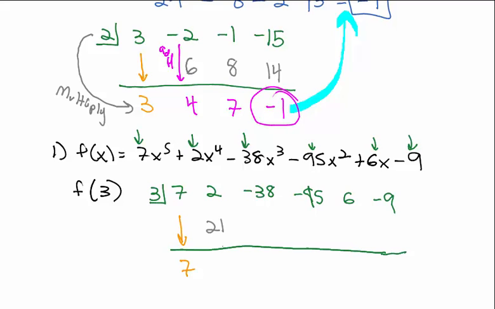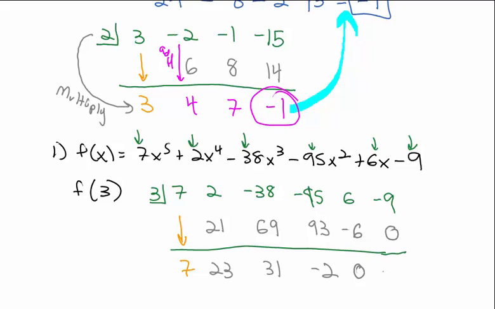7 times 3 is 21, plus 2 is 23. Multiplying by 3, 23 times 3 is 69. Minus 38 is 31. Times 3 is 93. Subtracting the 95, we get negative 2. Times 3 is negative 6. Subtracting the 6, we get 0.